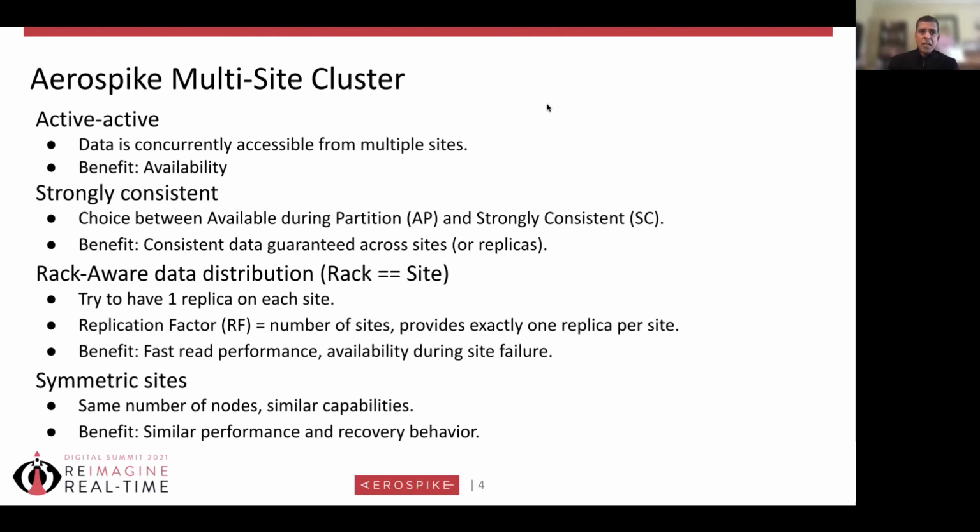So as you can see, a multi-site cluster not only spans multiple sites, but it also implies a lot of these desirable properties. And we'll see what applications these properties enable.